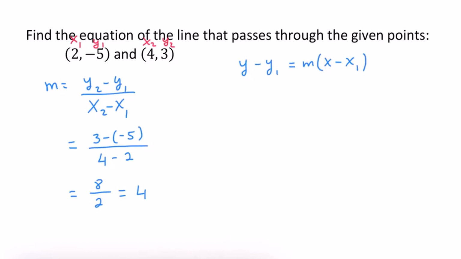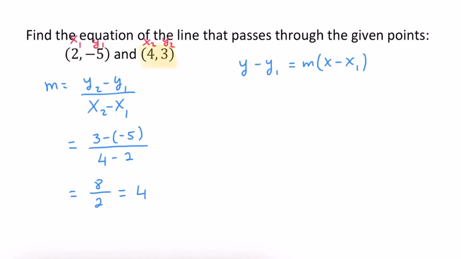Out of the 2 points, 2, -5 and 4, 3, we can use either one of the points to plug in, whichever one is easier. So here, because 4, 3 doesn't have a negative, we are going to use 4, 3 and plug it in.